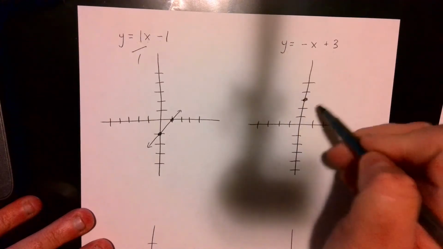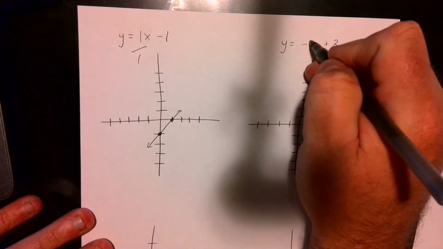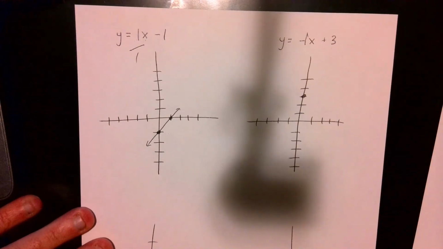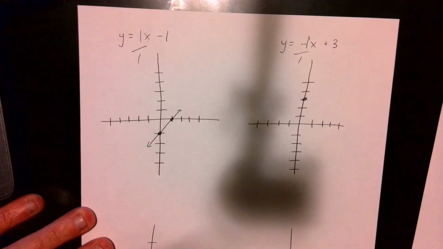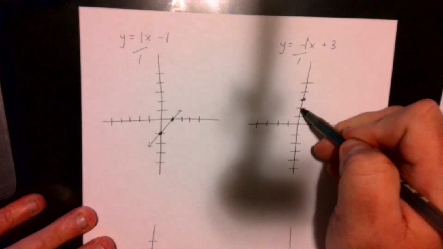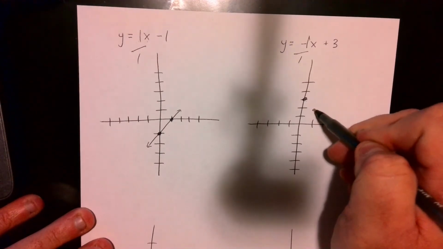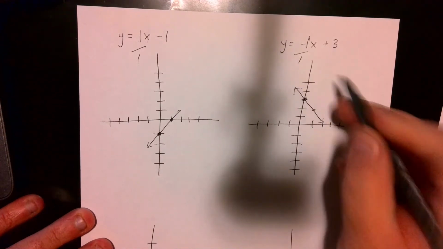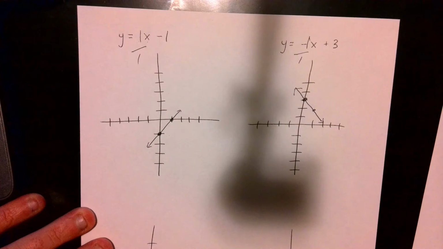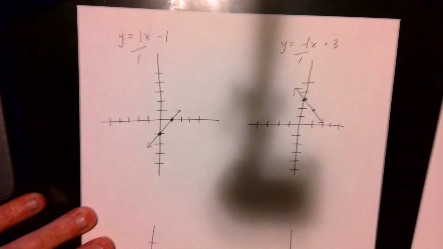And then my slope, my movement, there's a number here, there's a 1, right? And we want it to be a fraction. So my slope's going to tell me to go down 1 and right 1. And there's the graph of y equals negative x plus 3.